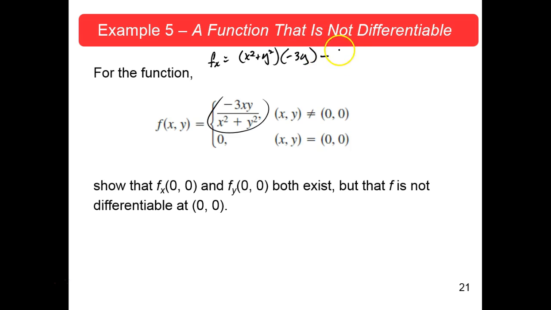Minus high d low, that's minus 3xy, times the derivative, now with respect to x alone, of the low, which is 2x, right? Divided by x squared plus y squared, squared. Right? Yay or nay?